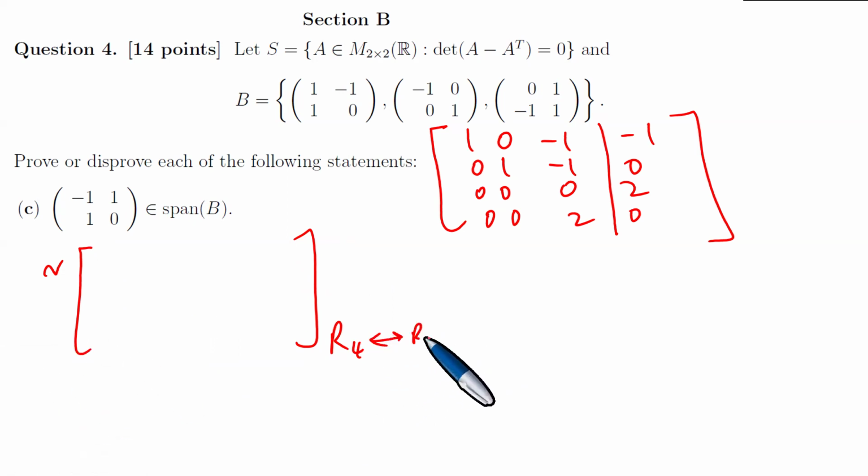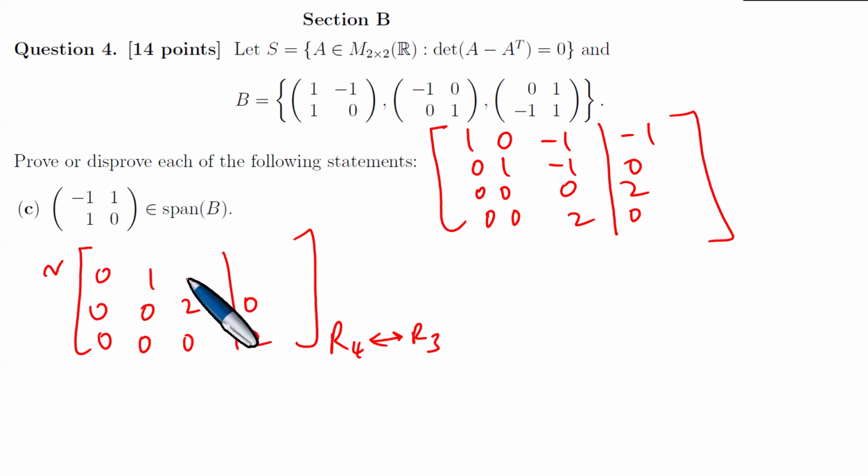So as a strategy, just put the zeros at the bottom. So 0, 0, 0, 2. 0, 0, 2, 0, and then 0, 1, minus 1, 0, and then 1, 0, minus 1, minus 1, like this. Okay, so now we have this, and it reduces to this, and this is exactly what your teacher got.